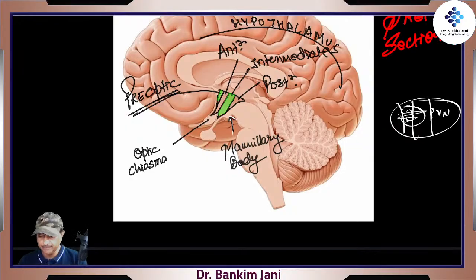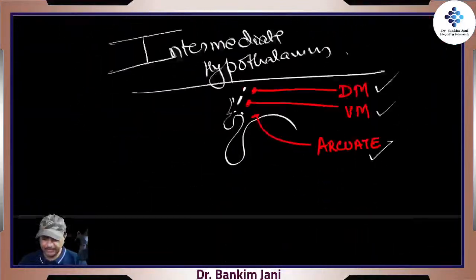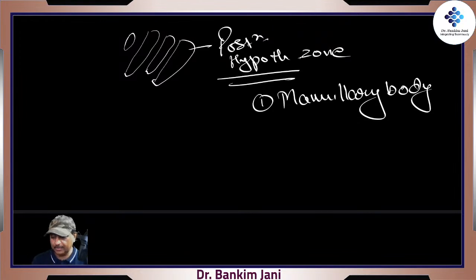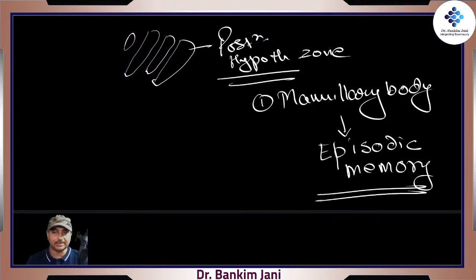This mammillary body is carrying a superb function, and this function is episodic memory. Imagine how awesome this is at remembering things. What it really does is episodic memory. It encodes and organizes. So this is the encoding of those memories.